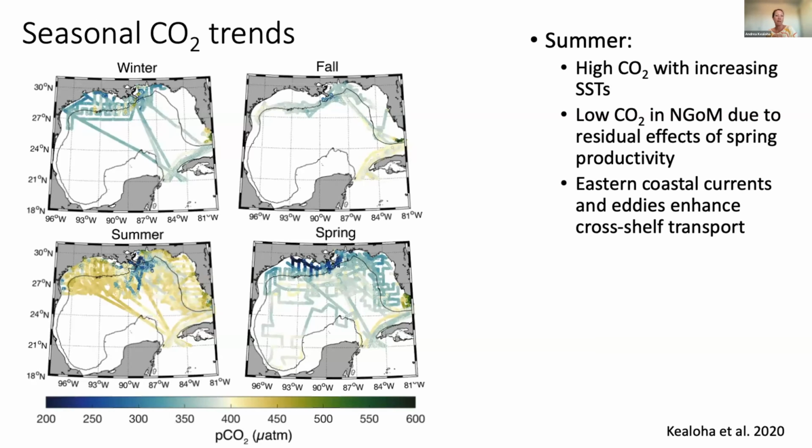And we also have these eddies that break off of the loop current. And when they impinge upon the shelf, the combination of these processes acts to enhance cross-shelf transport. So they can transport this low CO2 water out into the open ocean, hundreds of kilometers, which has implications for open ocean ecosystems.